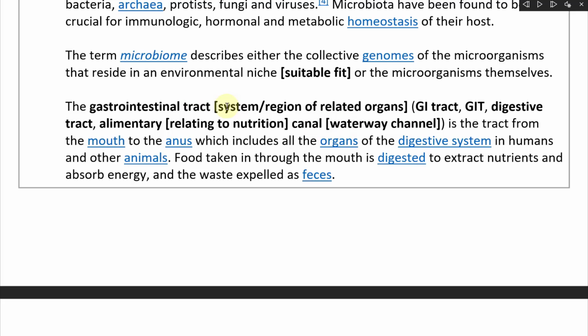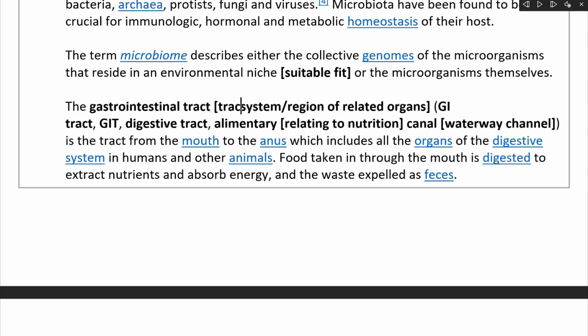This is singular. And let's just make this a bit easier to grasp. All right, tract equals system or region of related organs. Or you could have the GI tract, GIT, digestive tract, or alimentary canal.